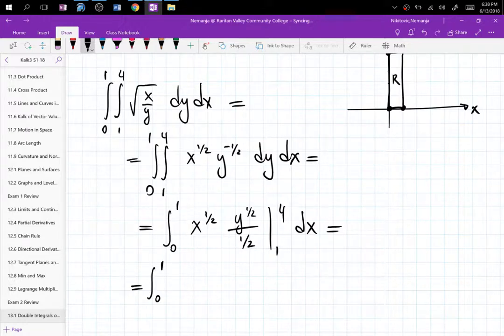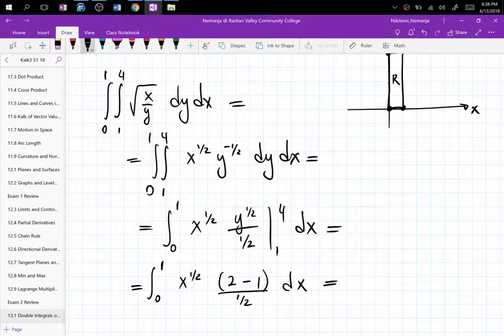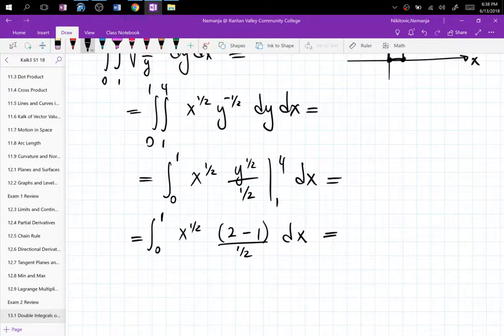Integral from 0 to 1. Now we have x to the 1/2 times 4 to the 1/2, which is 2, minus 1, all of that divided by 1/2. Still have dx at the end. So 2 minus 1 is 1, divided by 1/2 is 2.